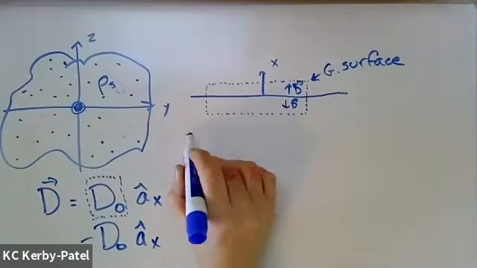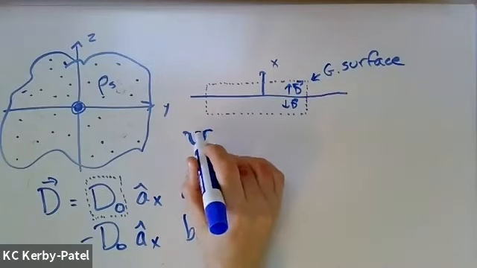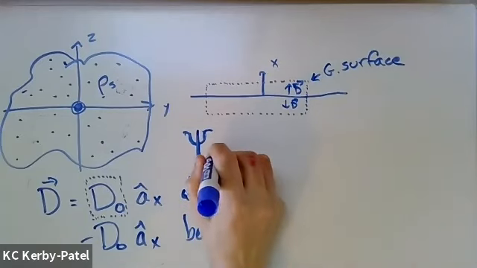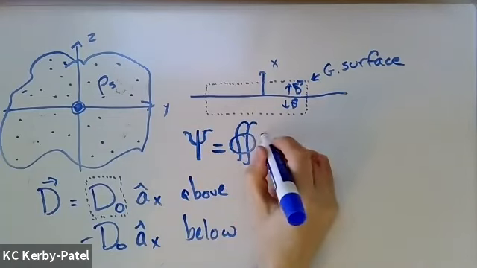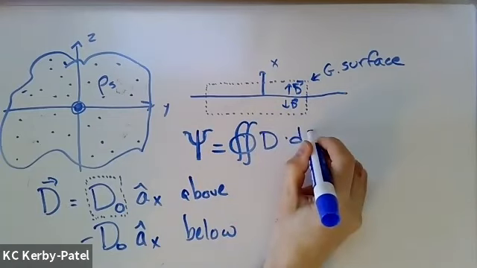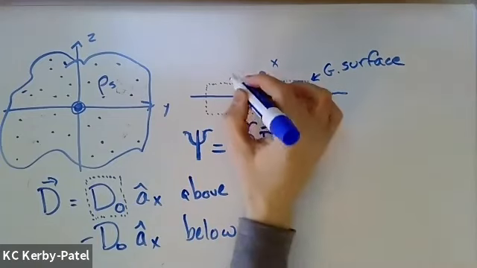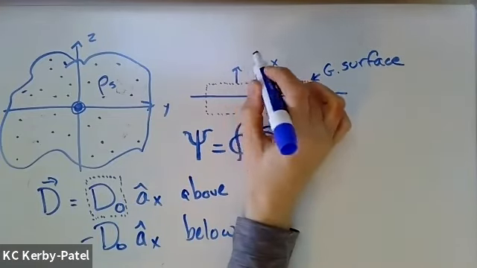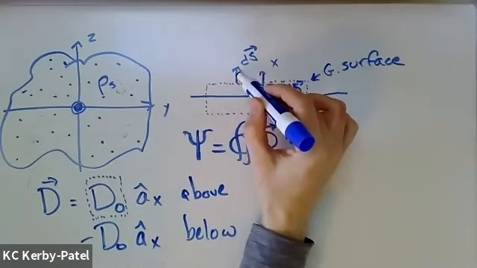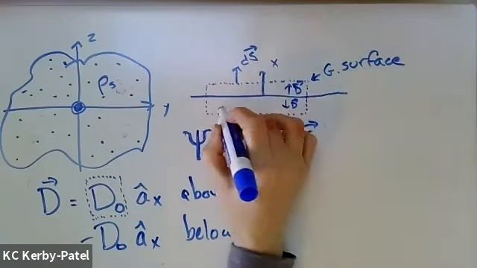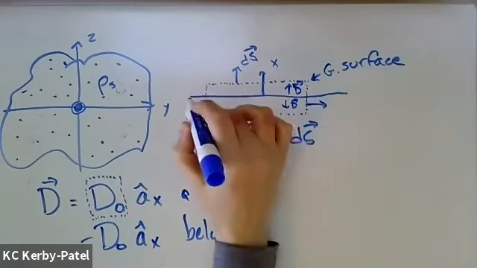So we're going to have our electric flux, capital psi, which is going to be the surface integral of D dot dS. The surface normal vector is outward always. So on the top of the box, it points in positive x. The bottom of the box, it points in negative x. And on the sides of the box, it points this way.